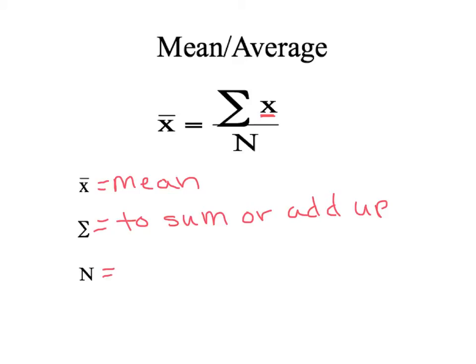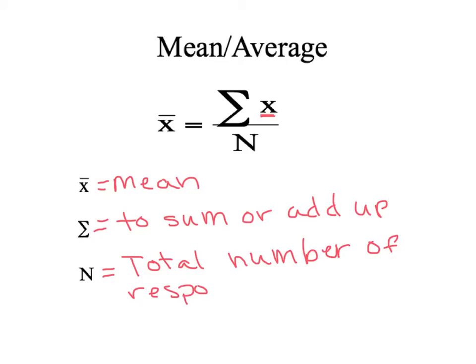N is the total number of responses, and N always stands for the total number of responses. We talked about that when we were creating frequency distributions. So you're dividing by the total number of responses here.